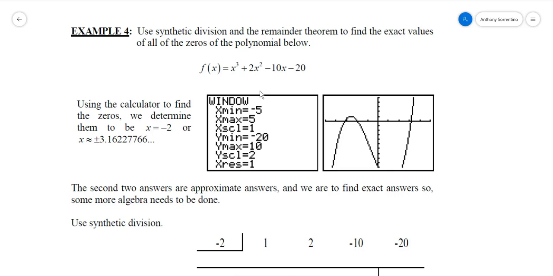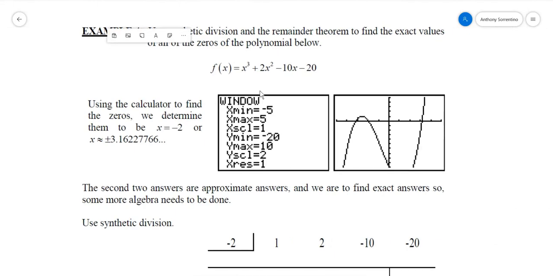So here you're asked to find all the zeros, and you're asked to find exact values. That exact values is very important because, if I just said find the values of the polynomial, you could potentially find the answer to this just by graphing it and using your trace functions and things of that nature.